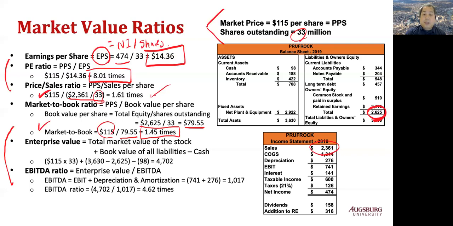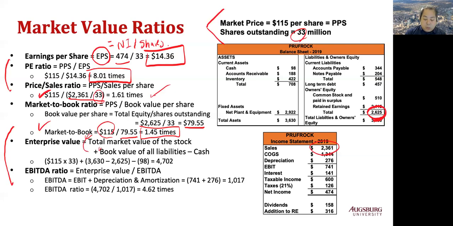Market value of the equity is easy, that's the stock price. So the total market value of the stock is the first factor. The second factor is the liability market value. The issue is it's also impossible to get a market value of the liability. However, the book value of the liability is very close to the market value of the liability, so it's going to be a good proxy.